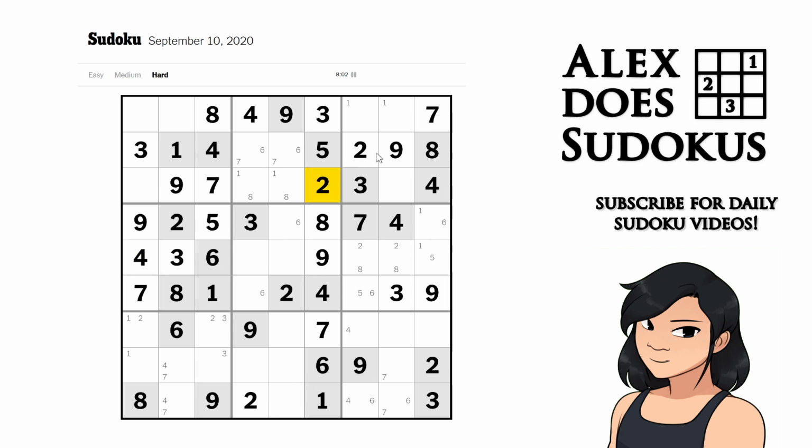So what about, did I fill in something else? 2 maybe? That 2 unlocks the 2 and 8. And that 8 locks a pair of 8's down here because of 2 8's taking the columns and 1 8 taking the row.